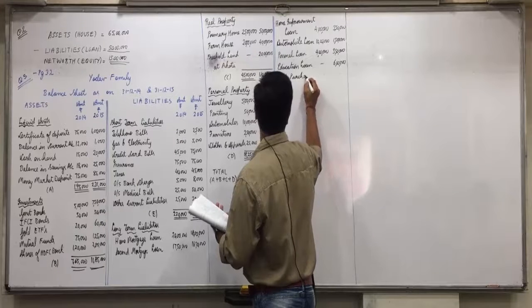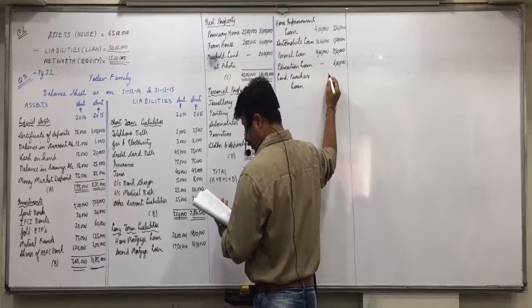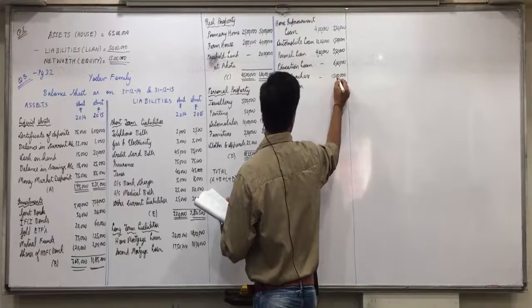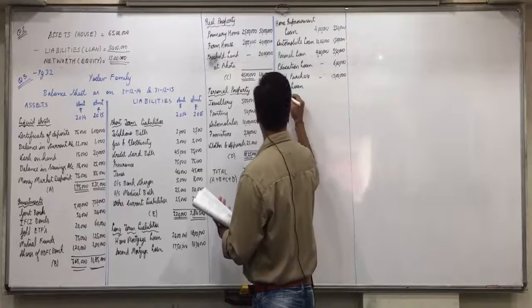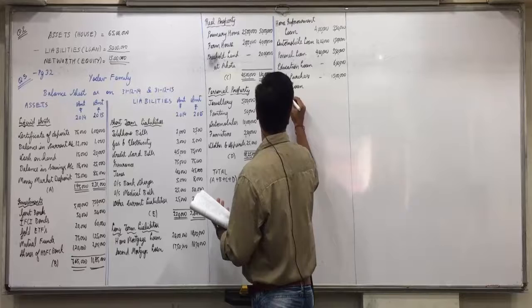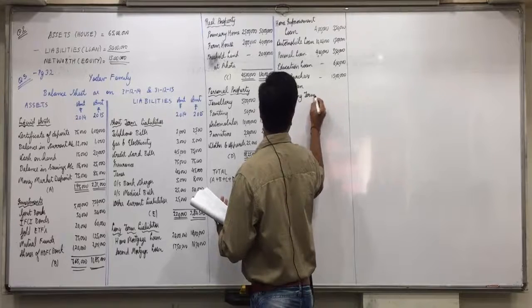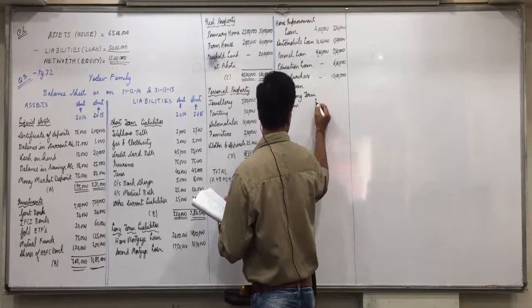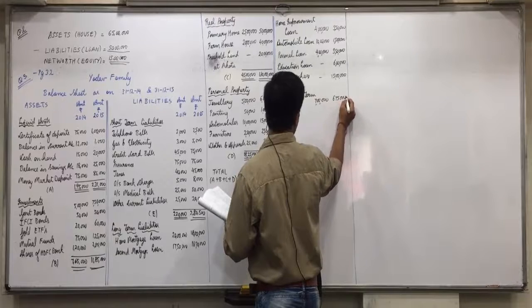Land purchase loan, 15 lakhs in the current year. Other long-term loans, 7 lakhs and 6 lakh 75,000.